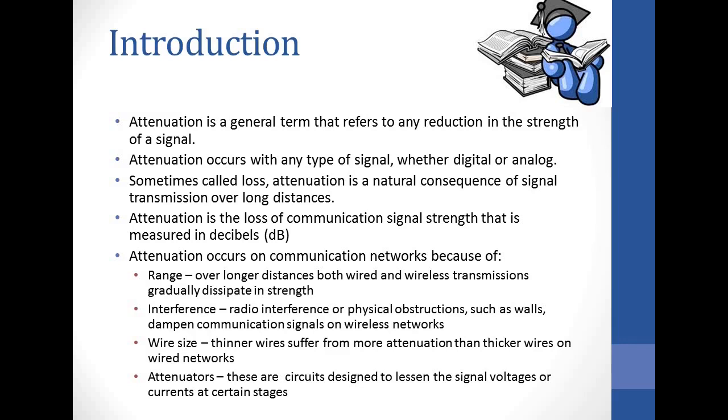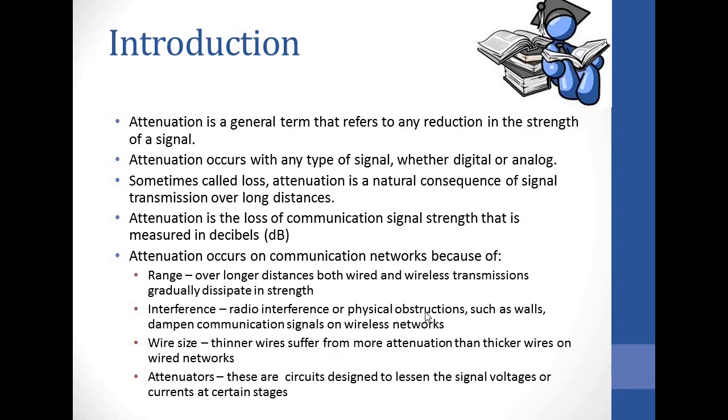There are several reasons why a signal can be attenuated. Number one, range, the distance over which the signal travels. Over longer distances, both wired and wireless transmissions gradually dissipate in strength. Then interference. Some signals might interfere with our signal, hence a reduction in signal strength.